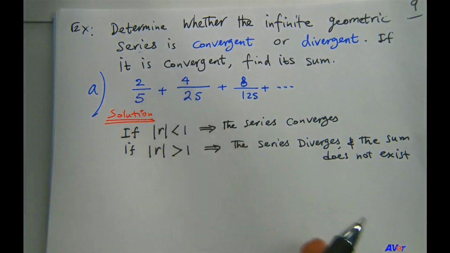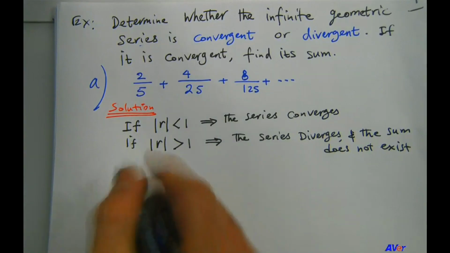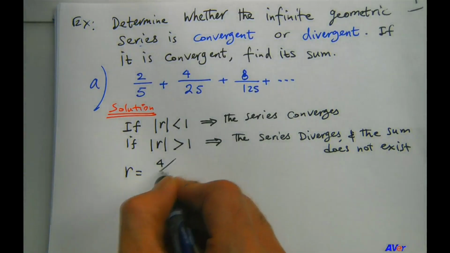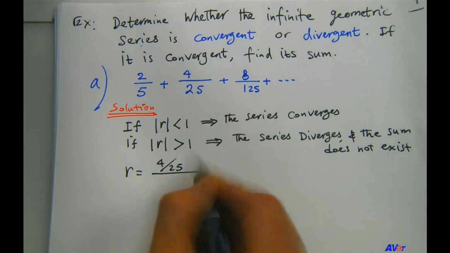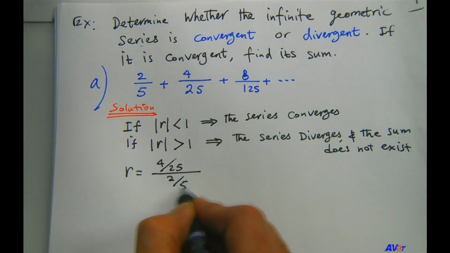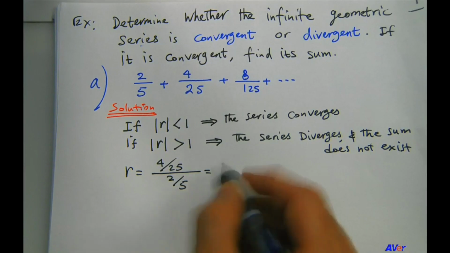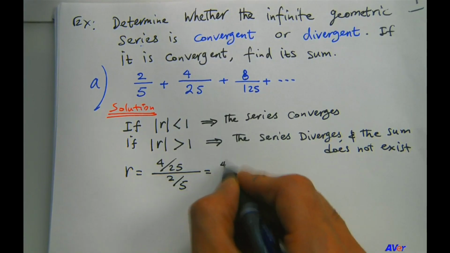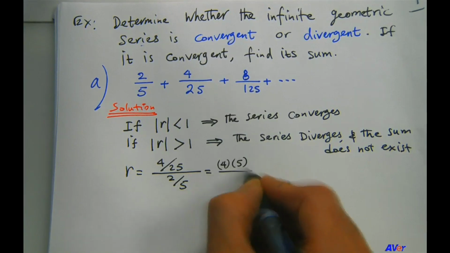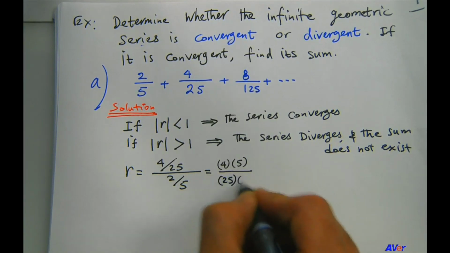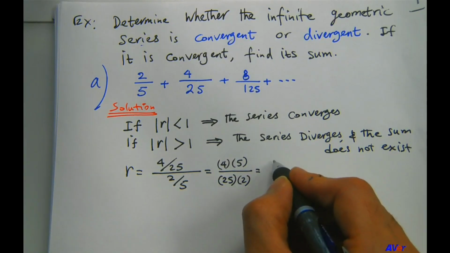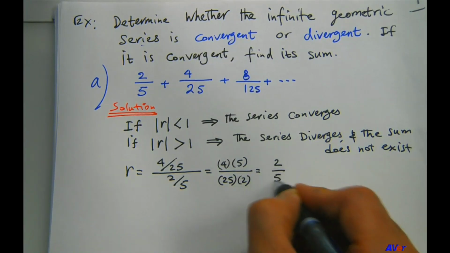Let's find the common ratio for this one then. r is equal to 4 over 25 divided by 2 over 5. This being a complex fraction, we have 4 times 5 divided by 25 times 2, right? After simplifying, we get 2 over 5.